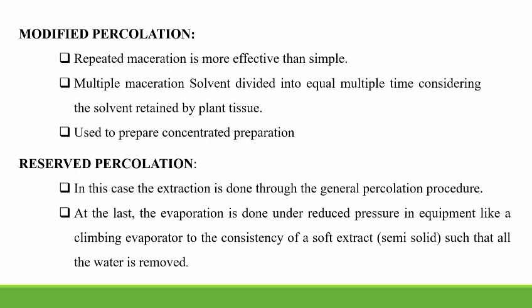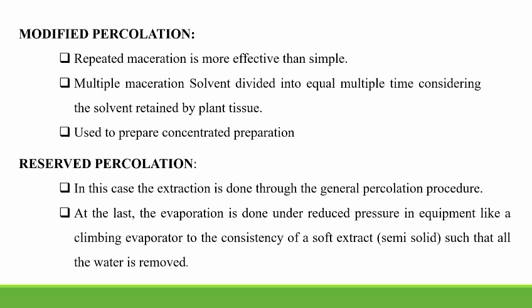With the help of this evaporator, the extra water present in the extract is removed, so that we get a soft or semi-solid extract. This is known as reserved percolation. It also involves the steps of the normal percolation process.